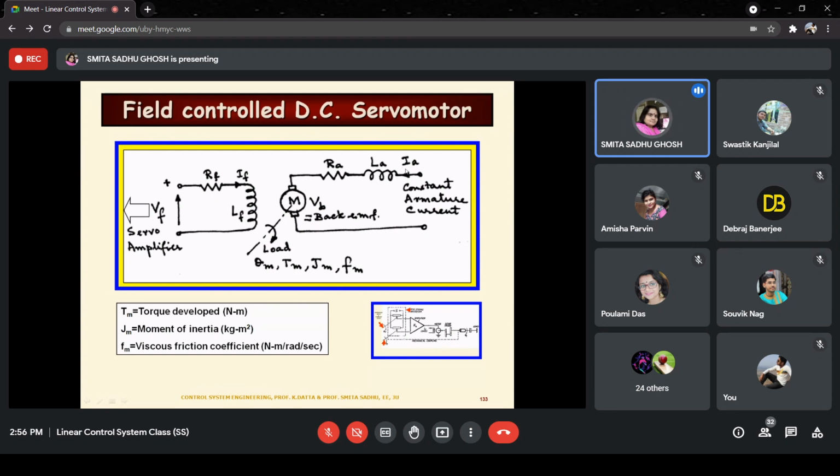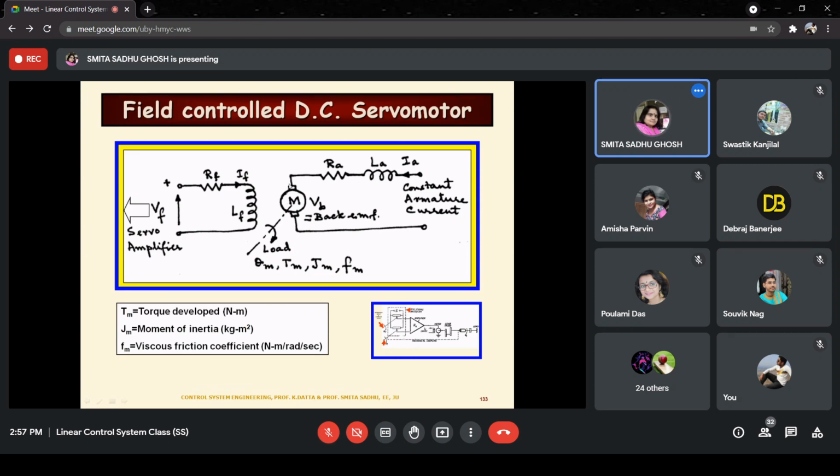This is the armature current, IA, and because it is field controlled, it is a constant armature current. Apart from that, you can see the armature shown along with the brushes, and the armature resistance and the armature inductance are shown separately and denoted as RA and LA respectively.